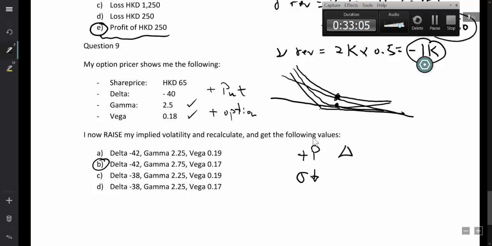So delta of out of the money options actually goes down, because your delta, it was like this, and now it's like this.